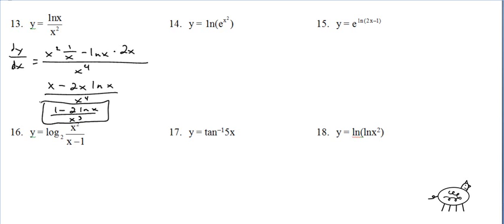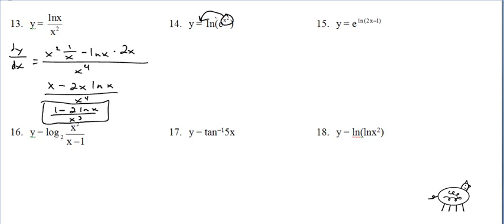14. Again, you just have to follow the chain rule. But if you think about it, this is natural log of e to the x squared, right? And what's natural log of e to anything? Don't you guys agree? Well, first of all, I can move that exponent down to the front when I take the log, right?